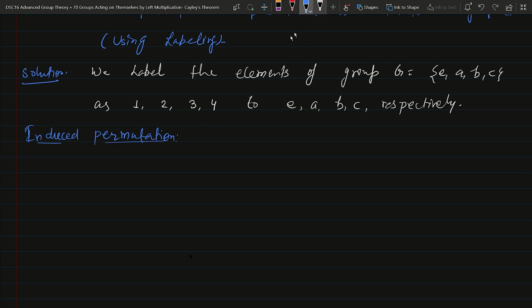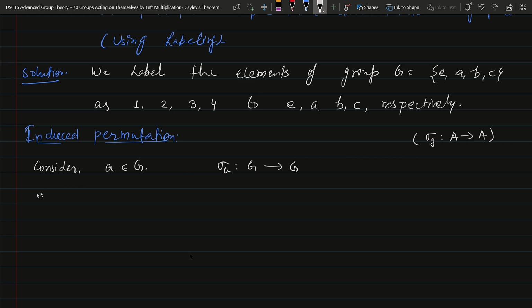So consider any one element. Consider a belongs to G. Because G is acting on itself by left multiplication, then G star a will be ga. Okay, left multiplication. So in this case, consider a belongs to G, then we define sigma a from G to G. And earlier, how was this defined? Sigma g was defined from A to A, so that was a permutation on A. Now this is a permutation on G itself.